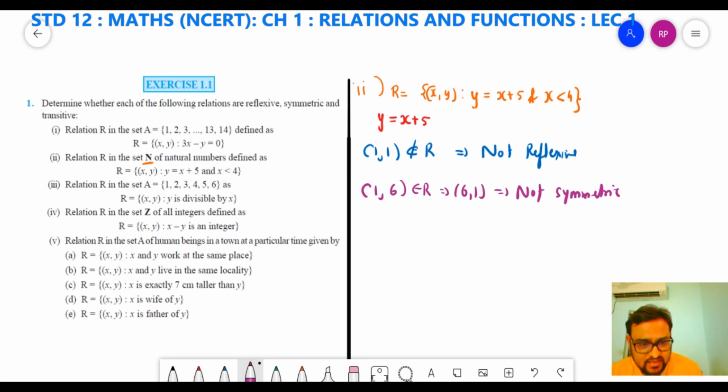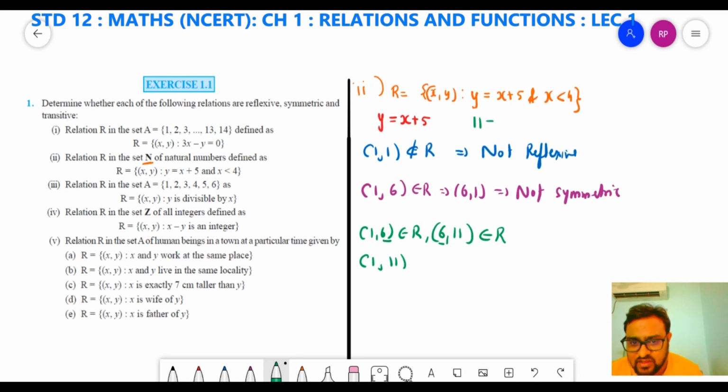Clear? Now let's see for the third one, that is transitive. Take (1, 6) belongs to R. Clear? Now if I take x equal to 6, then it will be 6 plus 5, 11. Right? So I will write down (6, 11) belongs to R. Okay, here 6, here 6. So if it is transitive, then (1, 11) must belong to R. Let us check.